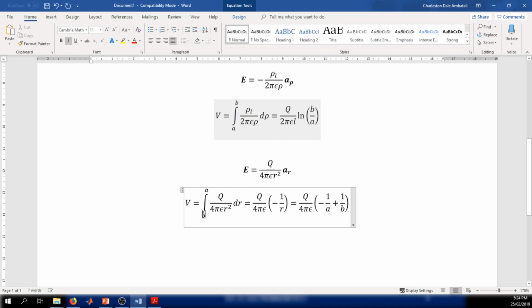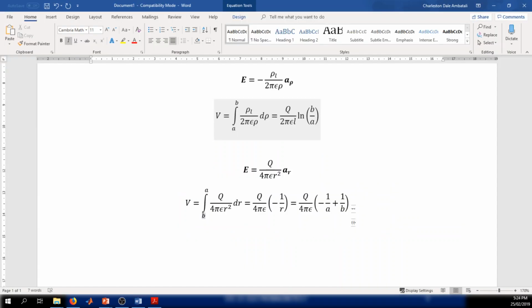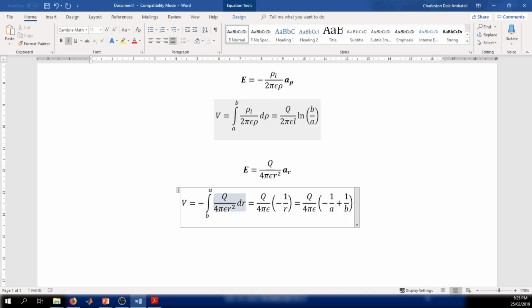There you go. So initially negative integral from b to a, since the electric field flows from your positively charged to your negatively charged, then E dot dl, so this negative integral of E dot dl. So let me just use this.